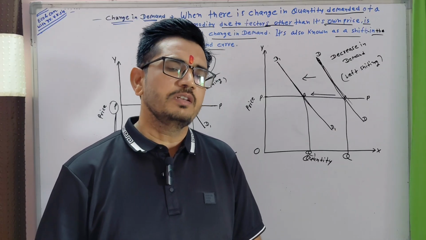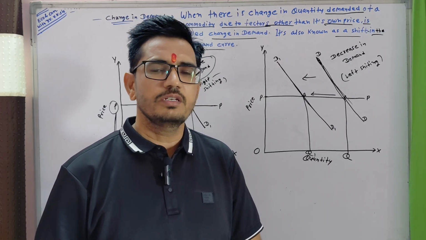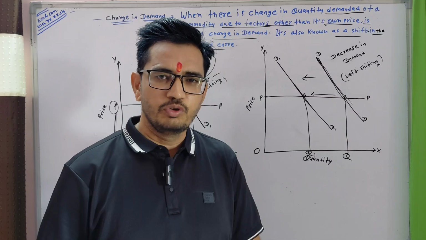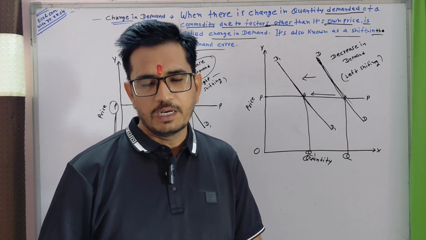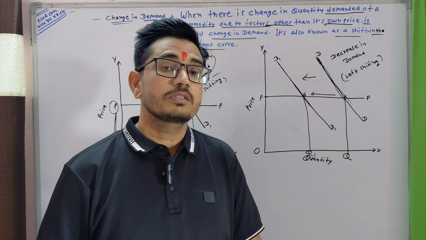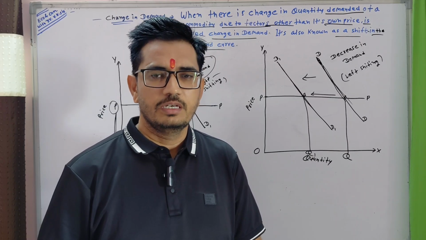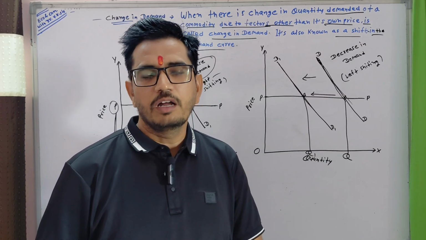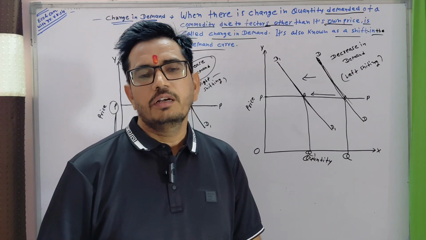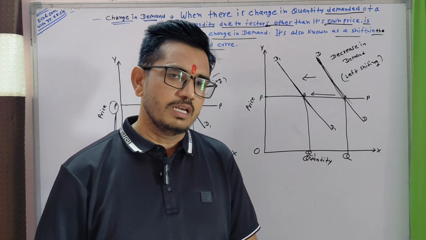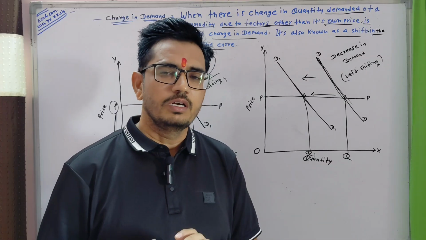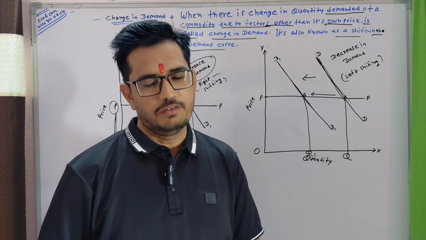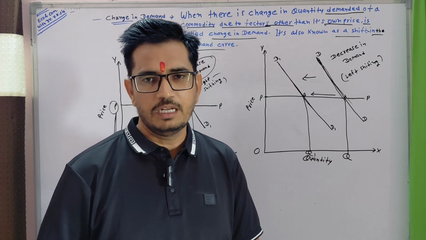When we talk about increase in demand, the price is the same, no change in price, but other factors change. So the demand curve shifts in the right direction, from D to D1, that is increase in demand.